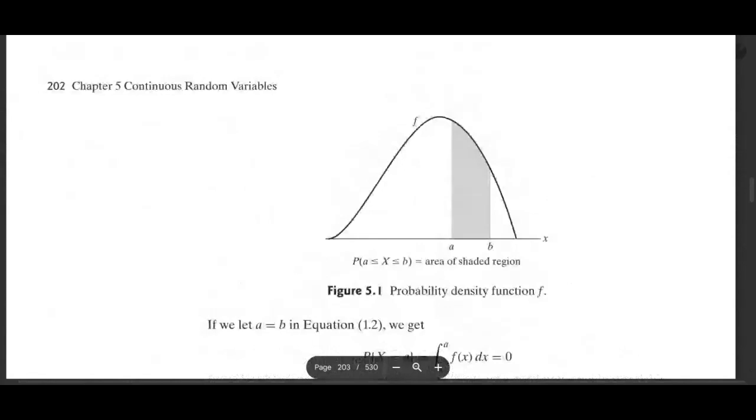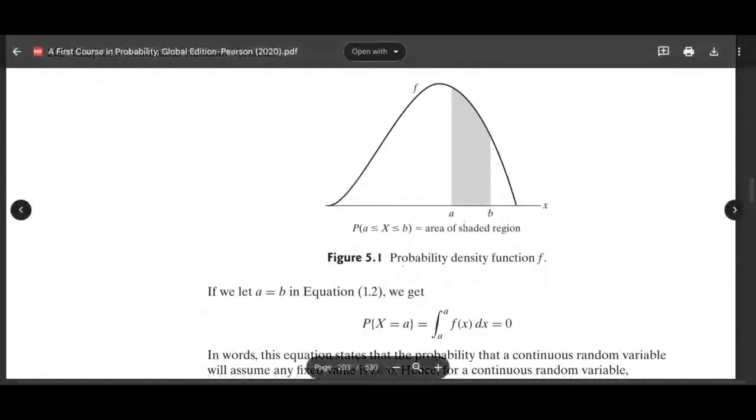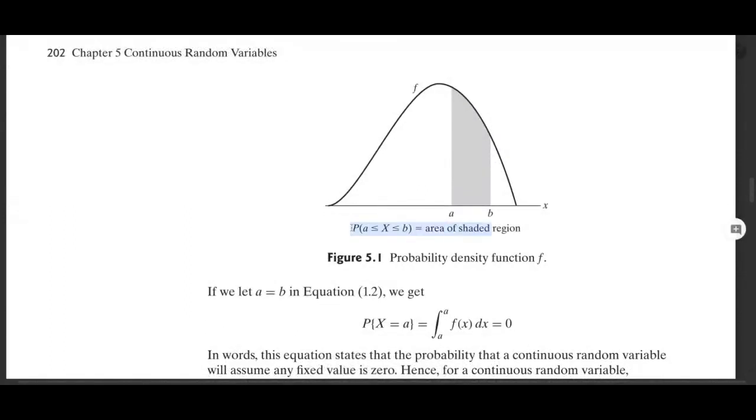Okay, so the normal distribution. We could imagine something like this, right? If you have taken a lower level statistics class, you know the normal distribution, right? So the probability that the random variable goes from a to b equals the area of the shaded region.